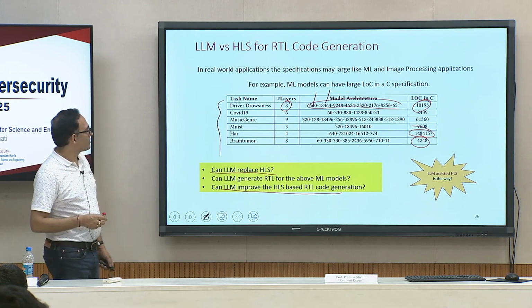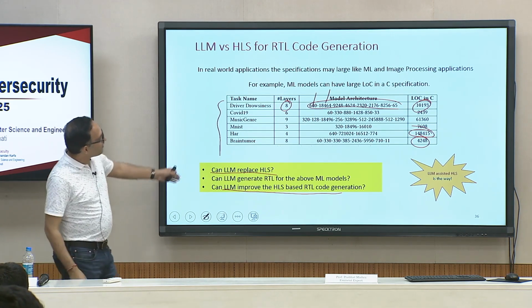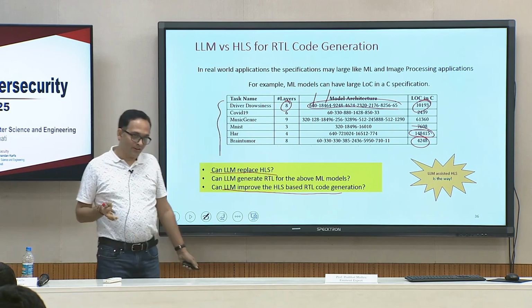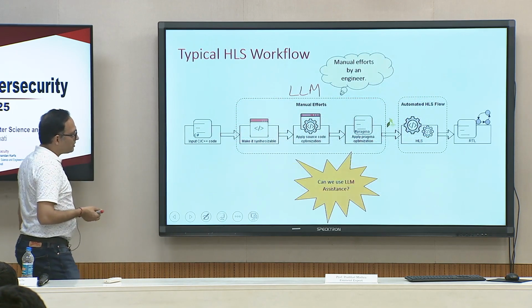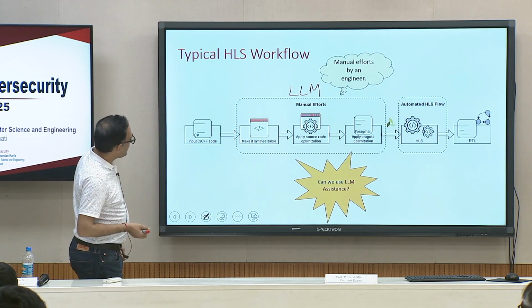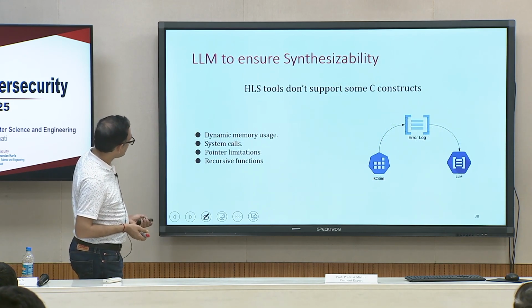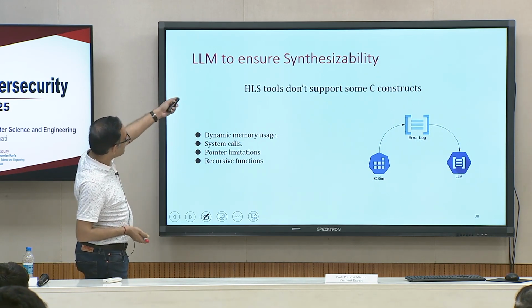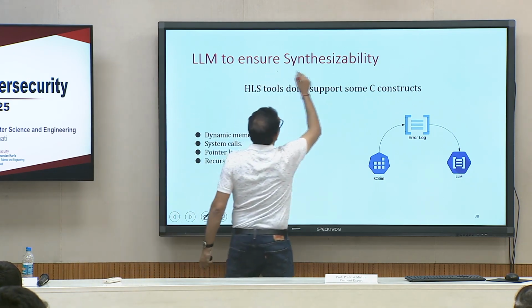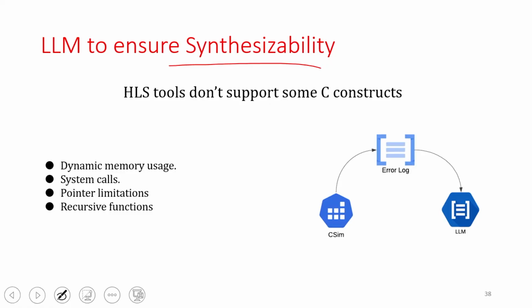Understood? Okay. So, we have taken this and then we do this funny experiment, right. This is done by my students. What he did is effectively the first step that makes sure of synthesizability. We identify these are the primary issues when you generate C code from Python: dynamic memory usage, system calls, pointers, function pointers, recursive functions.